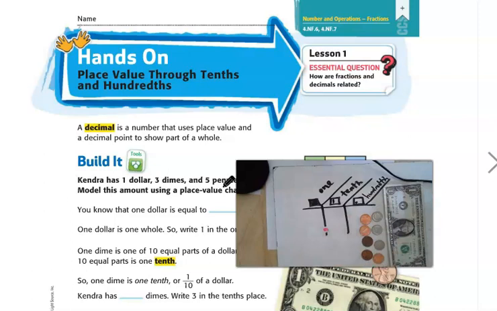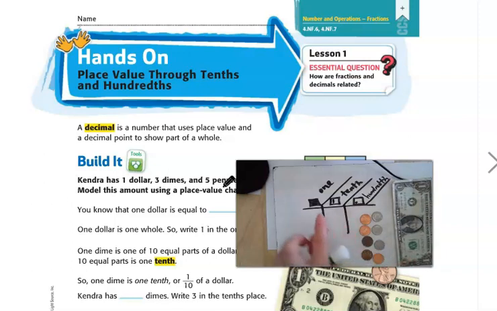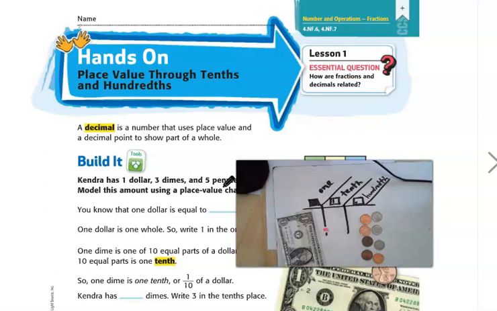If we were to put these in my chart, I have 1, which would match this. I have dimes, which would match a tenth, so I have those. And I have my pennies, which are hundredths of a dollar.